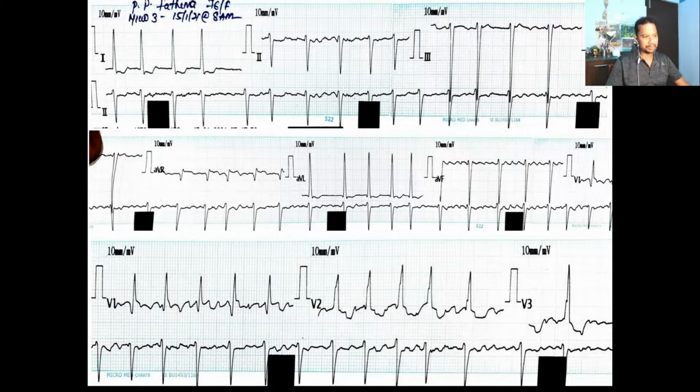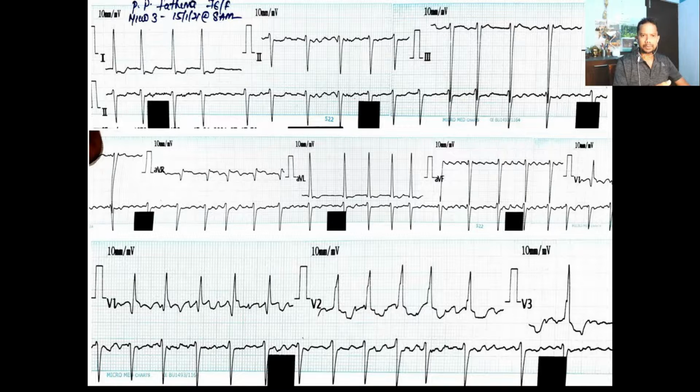So once the calibration is okay, then you calculate the heart rate. Now in this patient, you can actually see the heart rate is irregular. Right from MBBS days, we have been trained that irregular heart rate is atrial fibrillation, and 99% of the times we are right. There can be many other reasons for irregular heart rate.